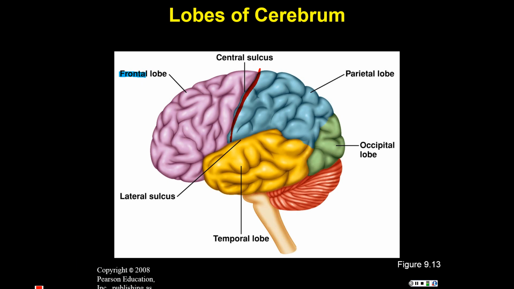It's that slight division that you can see between the frontal and the parietal lobe. The parietal lobe would be posterior to that, and then the most posterior portion of the brain, highlighted in green here, is the occipital lobe, and on the far side, highlighted in yellow in this image, is called the temporal lobe.